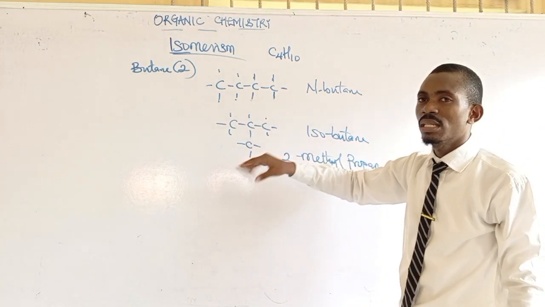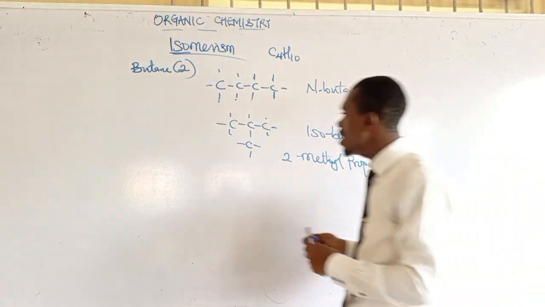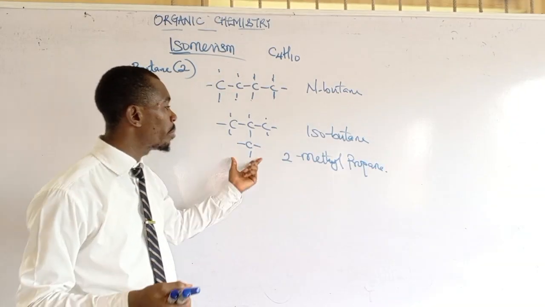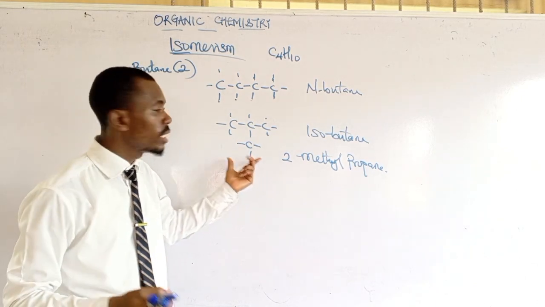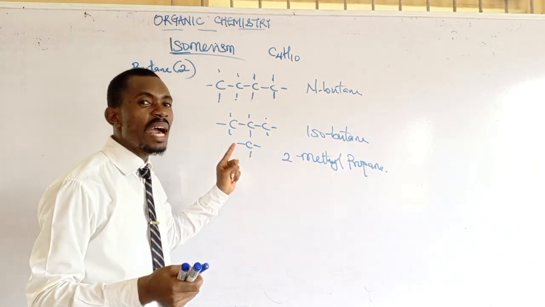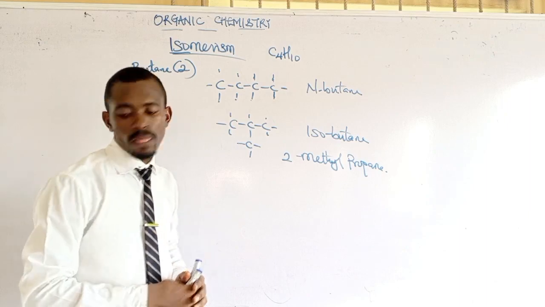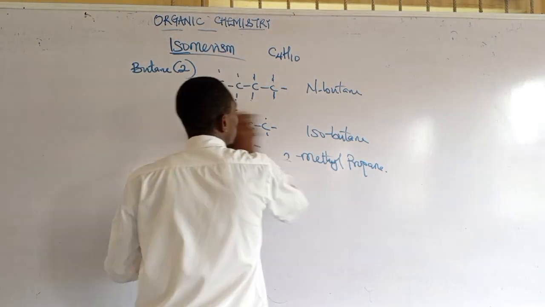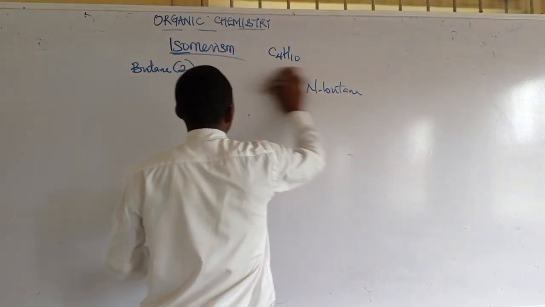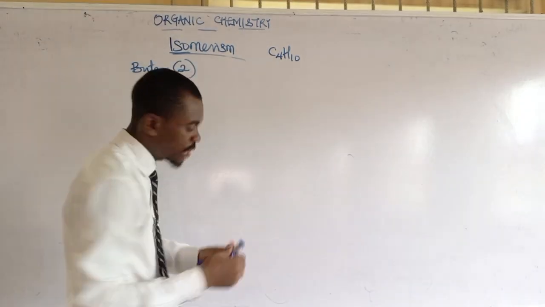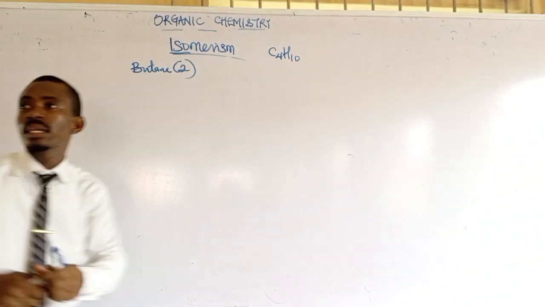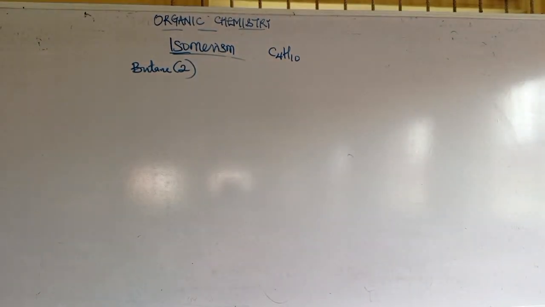The more they are branched, the lesser their boiling point. So if one only has one branching point, and the other has two branching points, the one that has two branching points will have the least boiling point. All right. So butane has two structural isomers, which I've just shown, n-butane and isobutane.